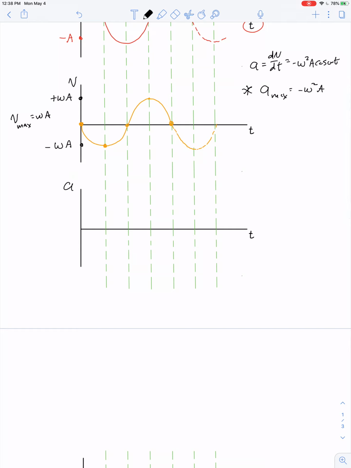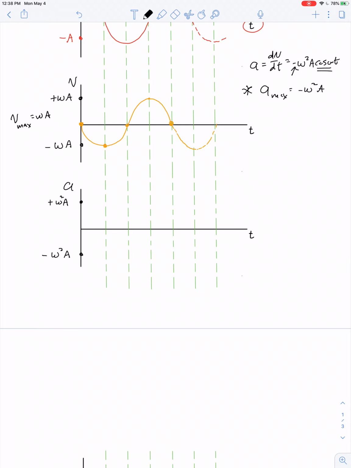So a graph of acceleration versus time is a graph of negative cosine, meaning right when you first release it, it has its most negative acceleration, negative omega squared A, and eventually reaches its greatest positive acceleration of positive omega squared times A.